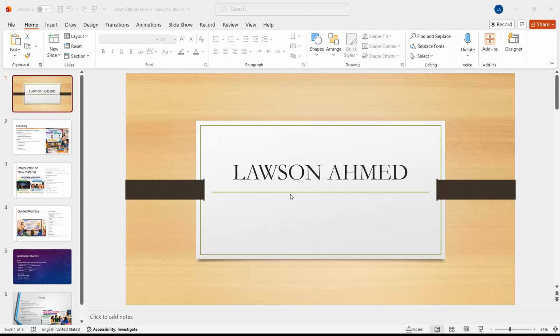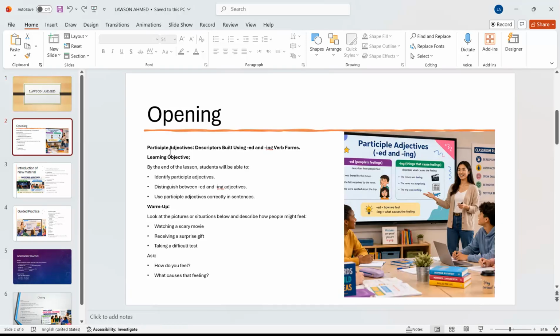All right. So, what we're going to look at is past participle adjectives and descriptors built using or ending with ed and ing verb forms.